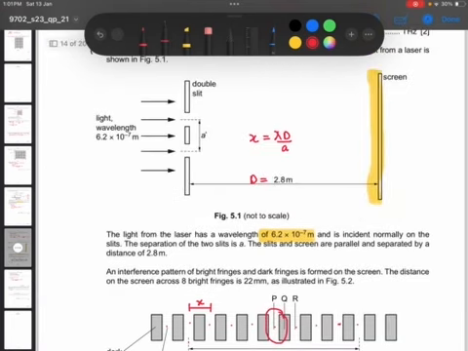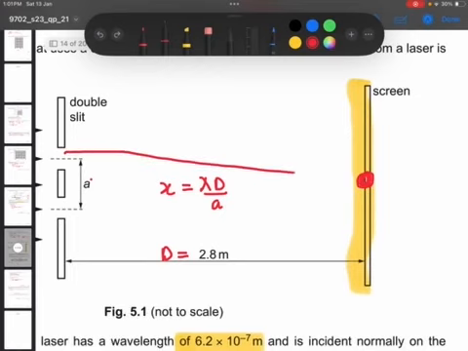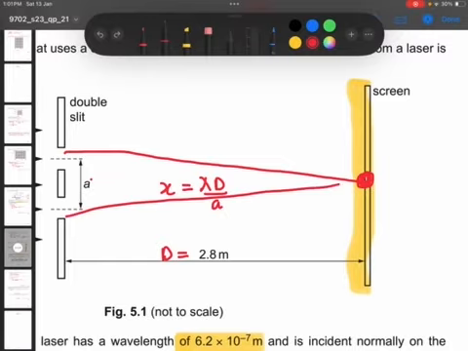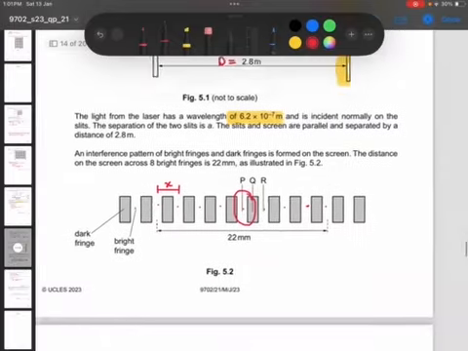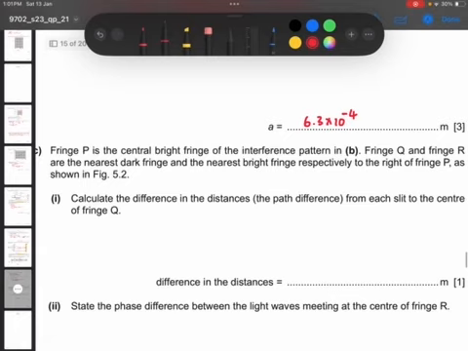Central bright fringe usually happens somewhere here, such that the distance from here to here and the distance from here to here are equal. That's the central bright fringe P.